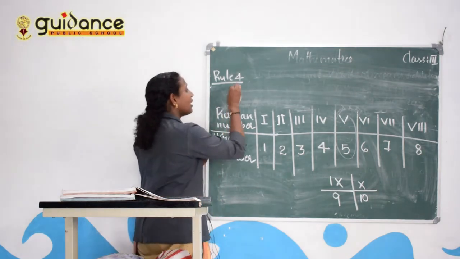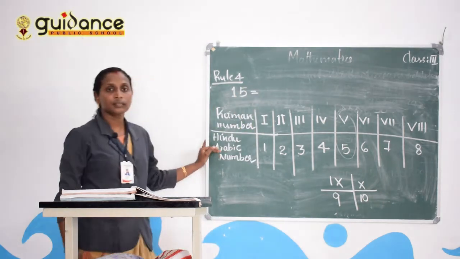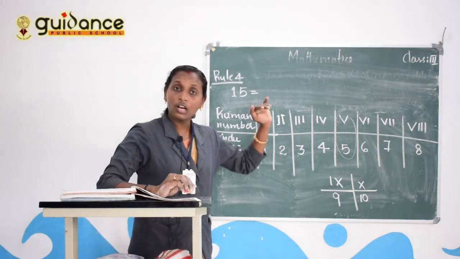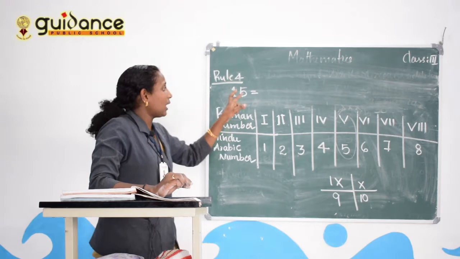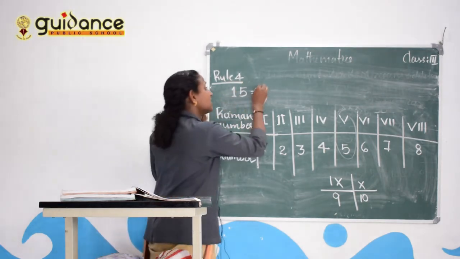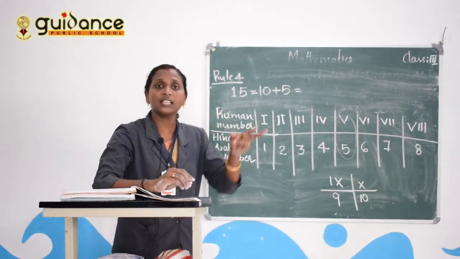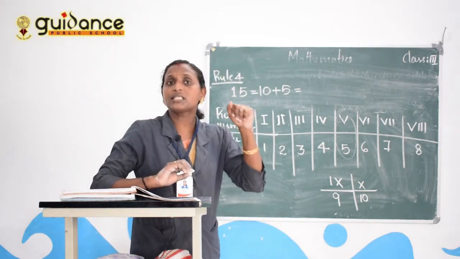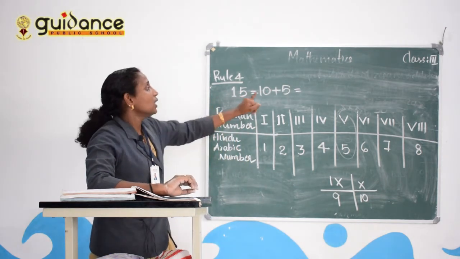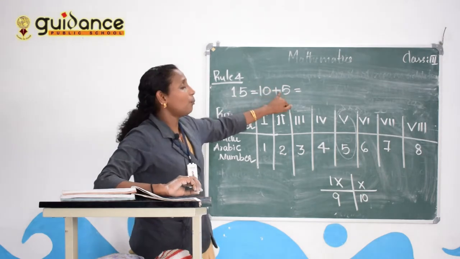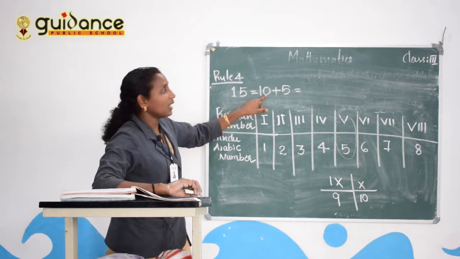That means we will write the number 15. 15 can be changed as tens and ones. That means 15 can be reduced as 1 ten plus 5 ones, so 10 plus 5.